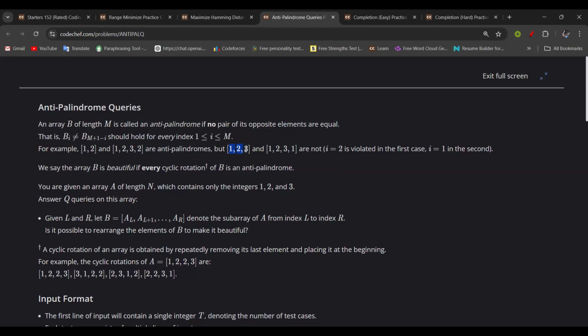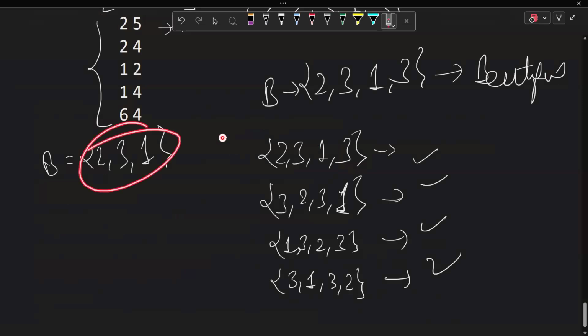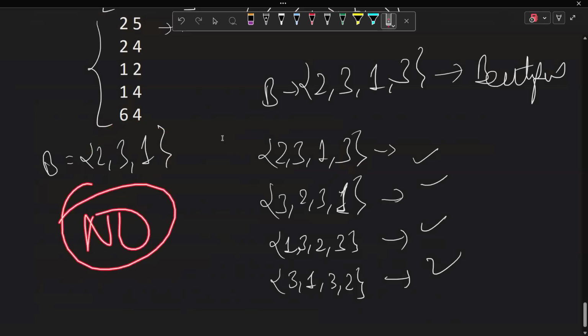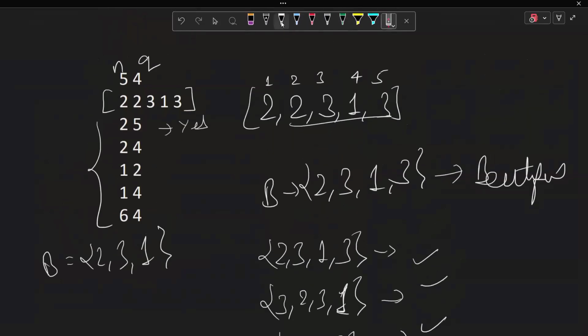So for an odd sized array, it would always be non-anti-palindrome. Whatever cyclic shift you do, it would never be anti-palindrome. So for an odd sized array, your answer is always going to be no. That's the first observation you can easily get.